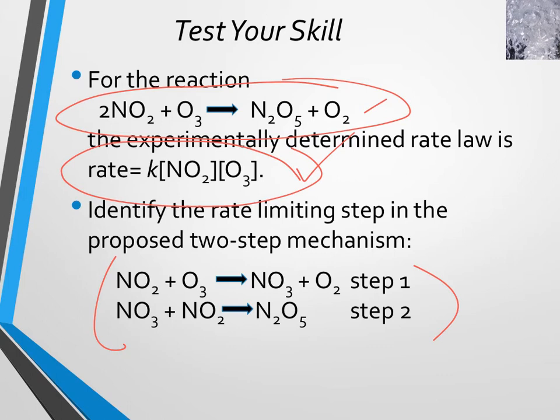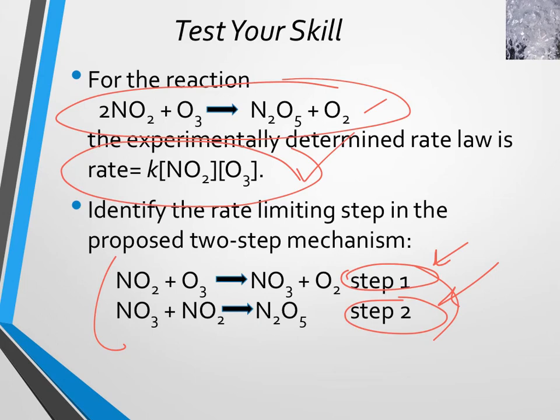And they're asking you to determine which of these steps is the rate determining step. So I suggest turning off the video for a minute and see if you can figure that out, okay? How could you possibly know which one of these two elementary steps is the rate determining step?